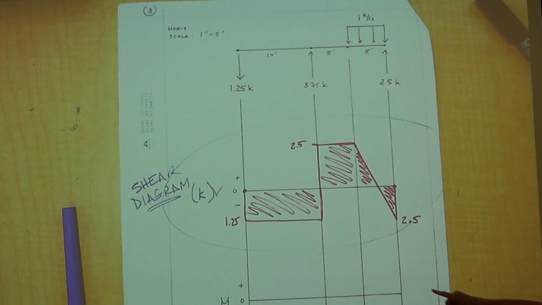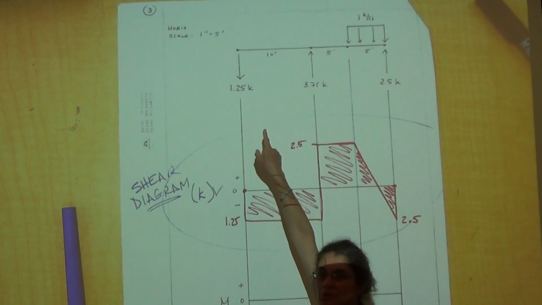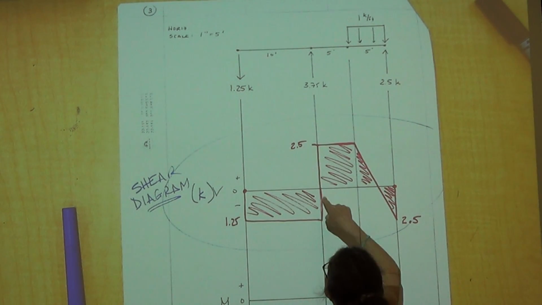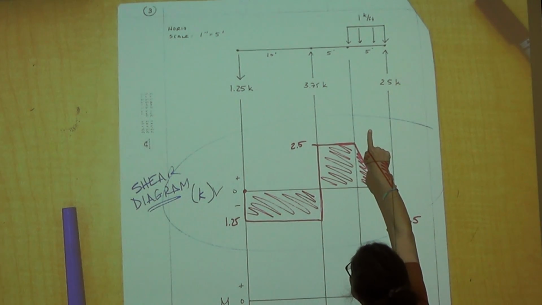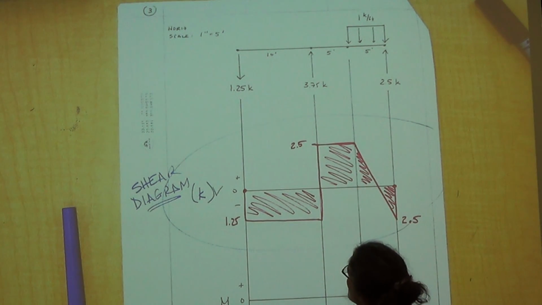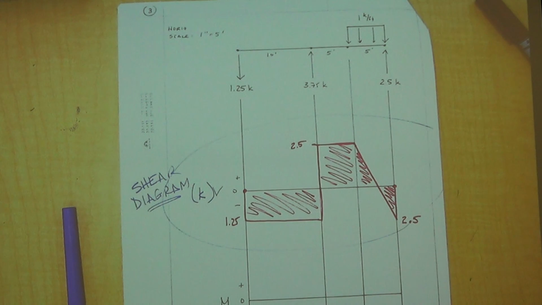So everybody's comfortable with the concentrated loads, right? It goes down, you go down. Goes up, you go up. You get to here and you have a distributed load. Do you remember when we did distributed loads?